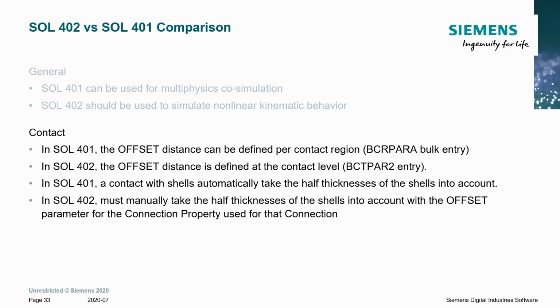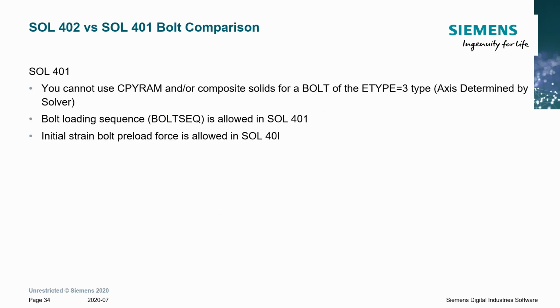Okay, for bolts, you can't use pyramid or composite bolts for 401 of this, what we call an E-type 3, where you set up a bolt region and have the option to set up the axis determined by the solver. That is not valid.